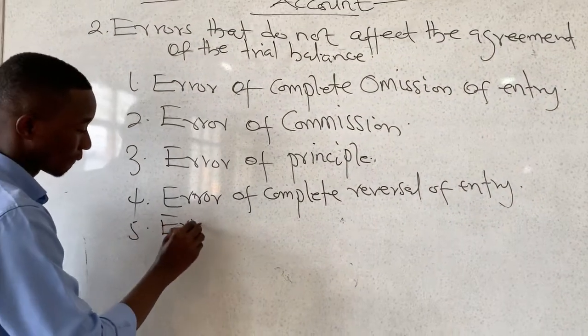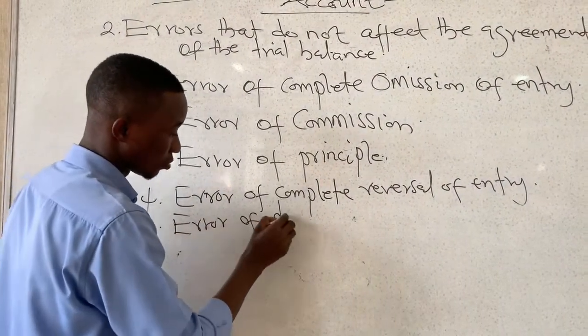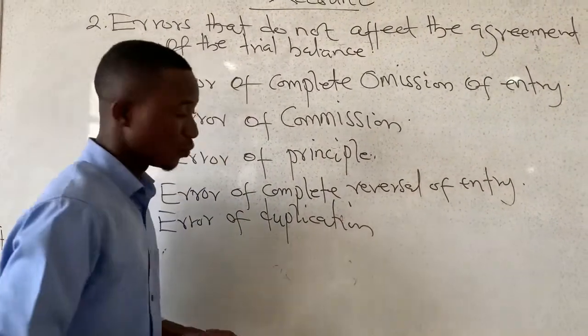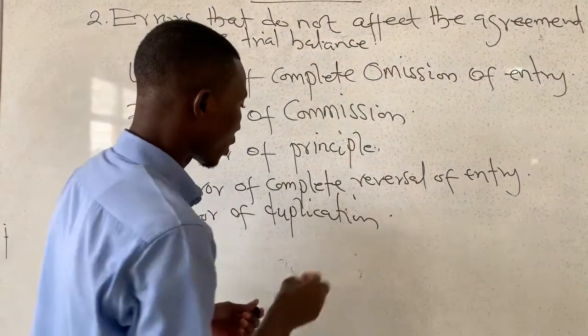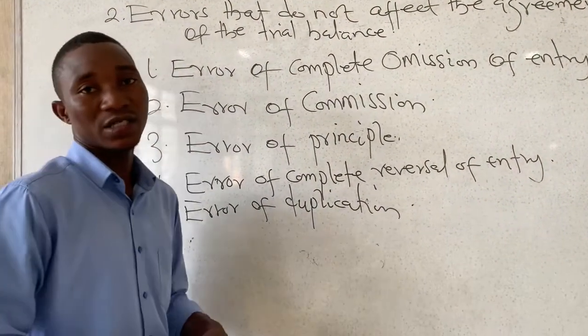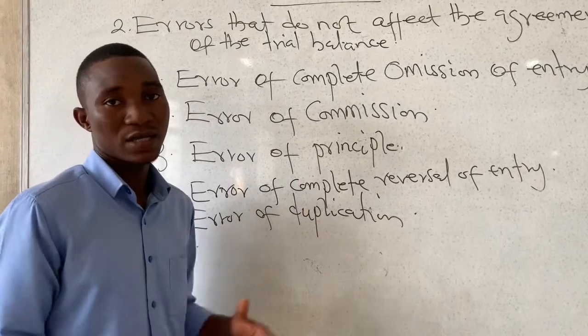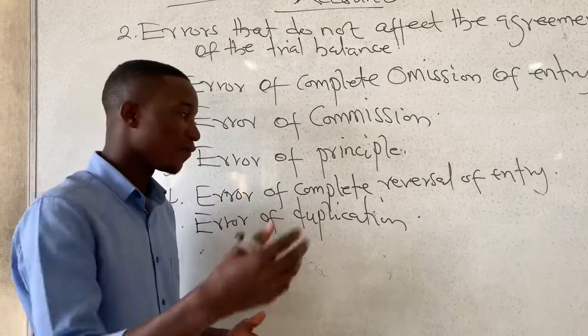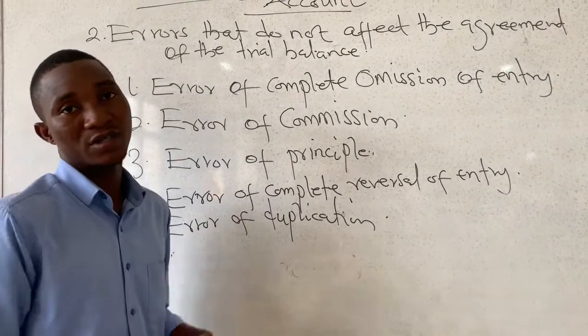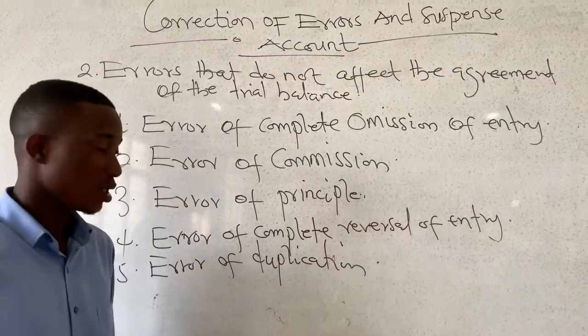Error of duplication. An error of duplication occurs when a transaction has been recorded more than once, that is, two and above. We commit this error when we record a particular transaction twice or more. Is that okay?